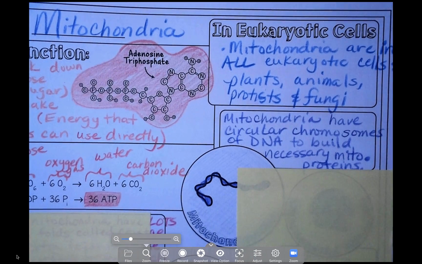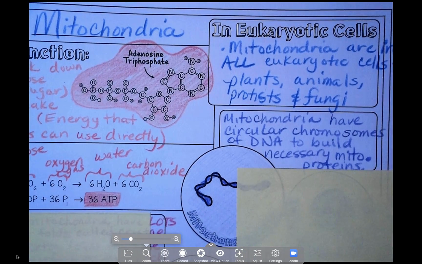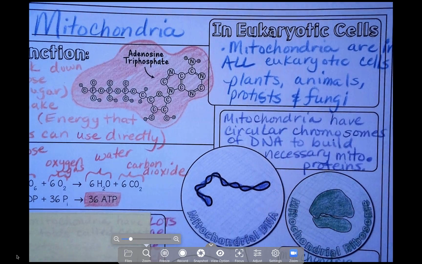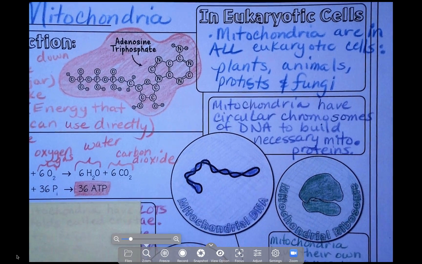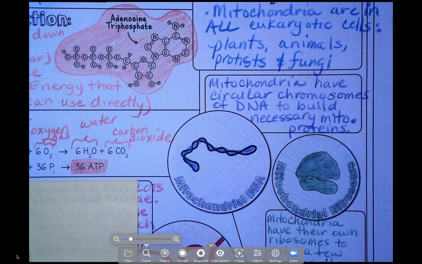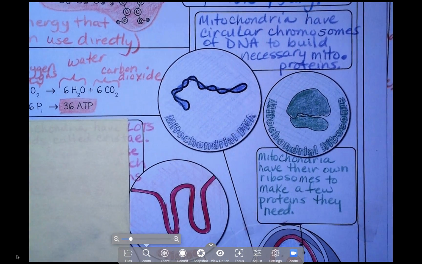The mitochondria also have circular chromosomes of DNA in order to build their own proteins. And if anything is going to build its own proteins, then it's also going to need to have its own ribosomes.